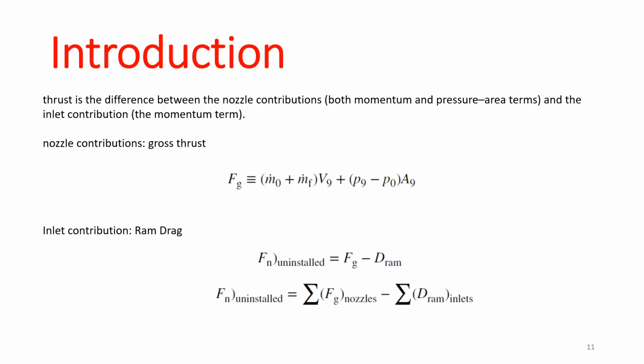Is there anyone who can give me an example of a jet engine that has multiple inlets and multiple outlets? Let's start with John. What are the different types of jet engines that come to your mind?